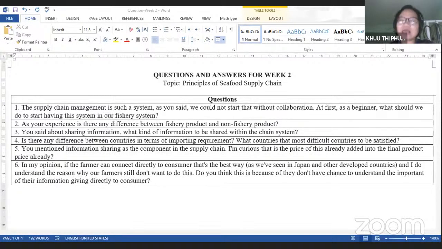Like in Japan, Japanese consumers don't have very specific regulation, but Japanese have their own culture about seafood products. If we want to export our product to Japan, we have to focus on Japanese culture and how Japanese consumers think.